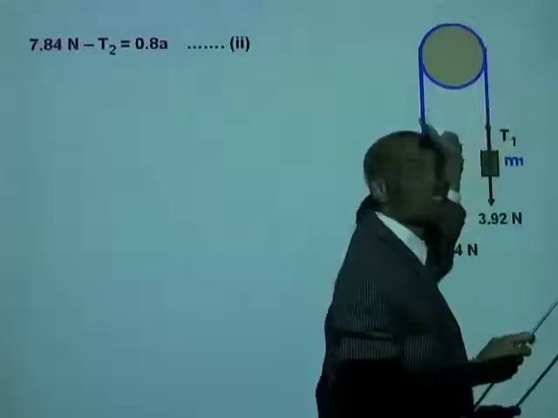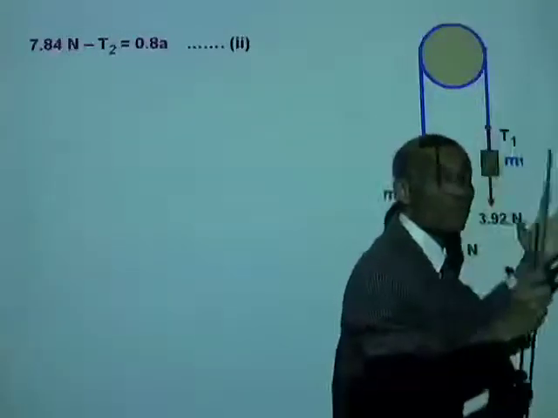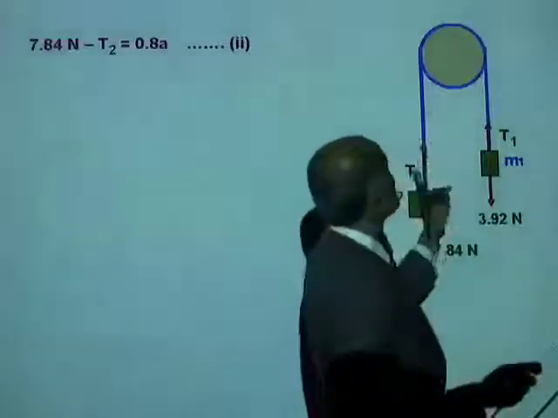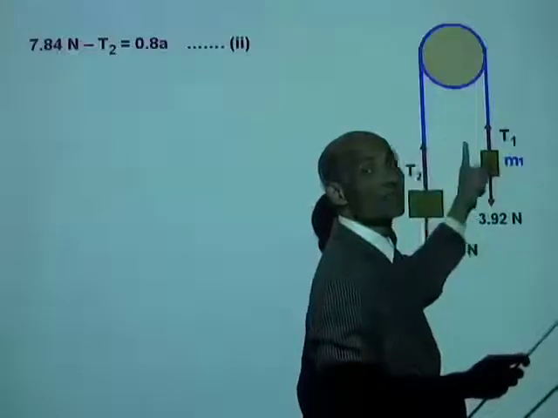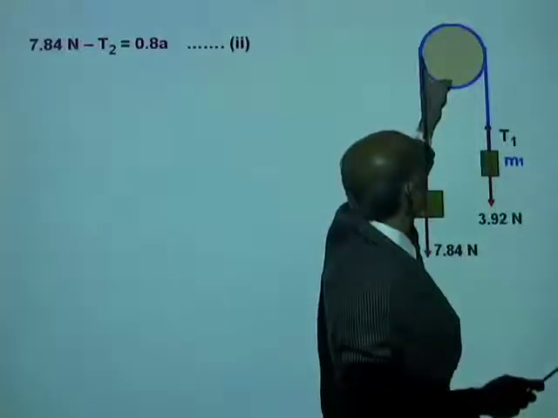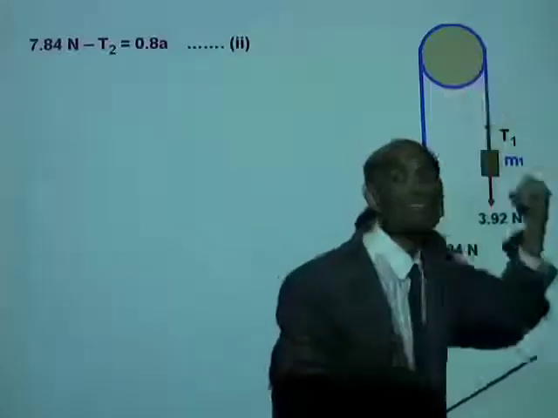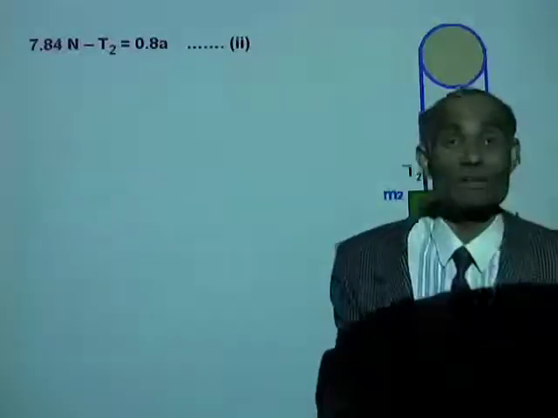Therefore, the net external force applying a torque will be T2 minus T1. And that external force multiplied by the radius of the disc will give you the net external torque.